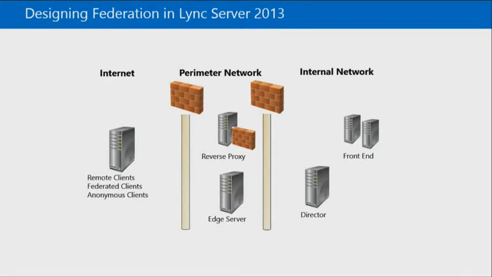We've got something on the internet running some piece of code, be it a remote user, a federated user, or an anonymous user. They are transiting a firewall and very possibly a reverse proxy and our edge server, another firewall, very possibly a director, and then into the front ends.